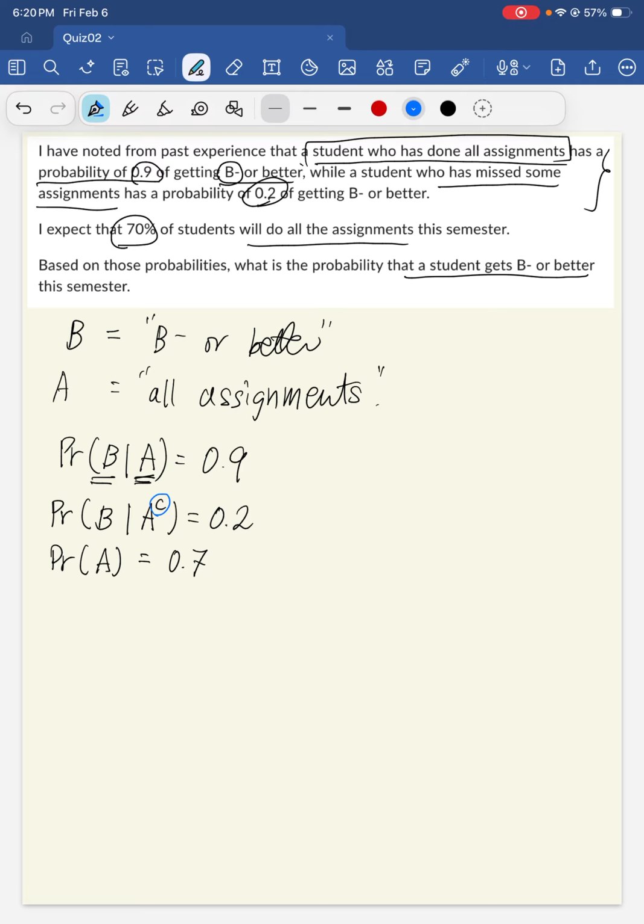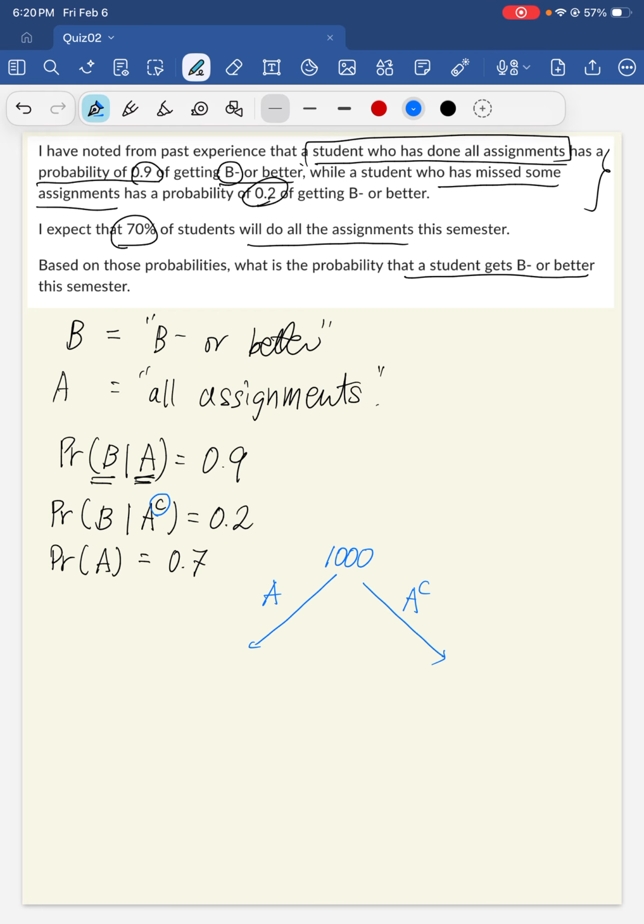So I will use the tree method again. Imagine there are 1,000 students who are taking my class, right? Then I will divide them into those who do all the assignments and those who miss some assignments.